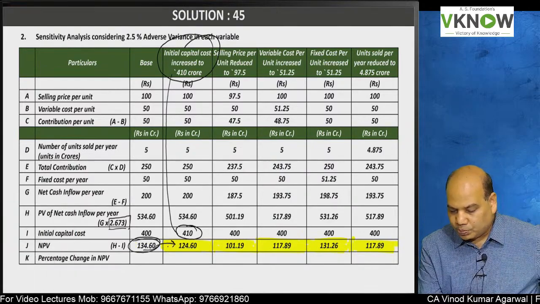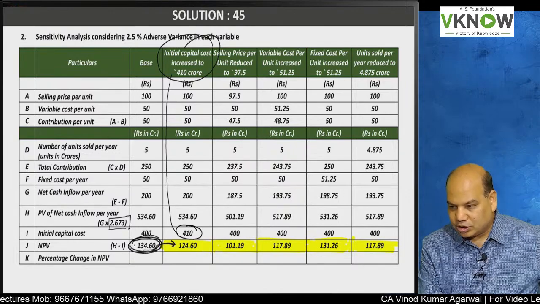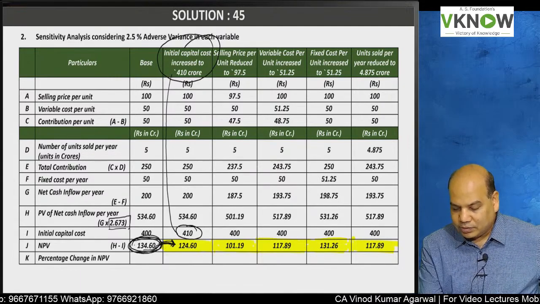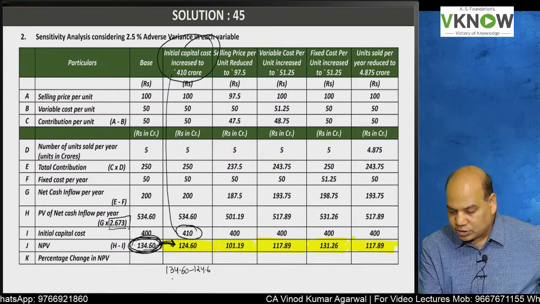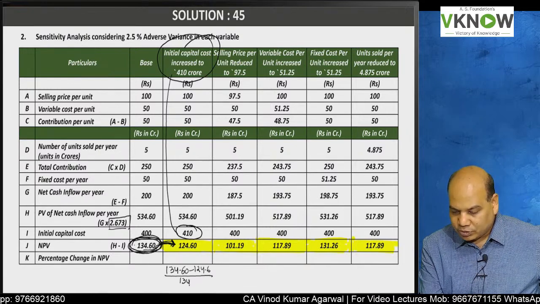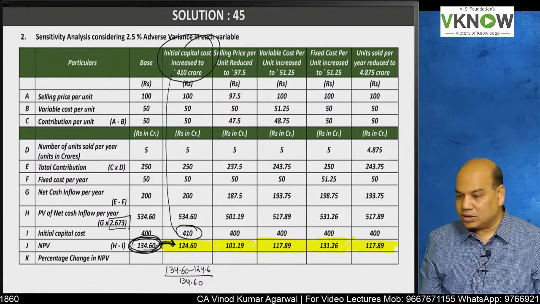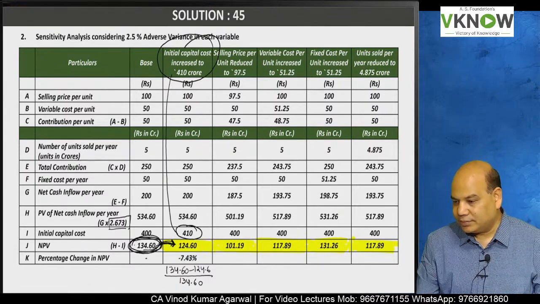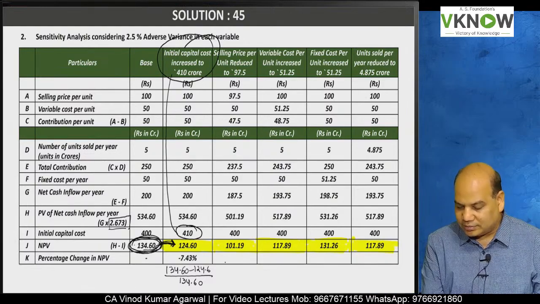So you have to compute percentage change. Take this number as the base denominator, calculate the difference between these two, and divide by 134.60. So your calculation will be 134.60 minus 124.60 divided by 134.60. Please give me the answer now. It will be negative 7.43% because it has gone down.